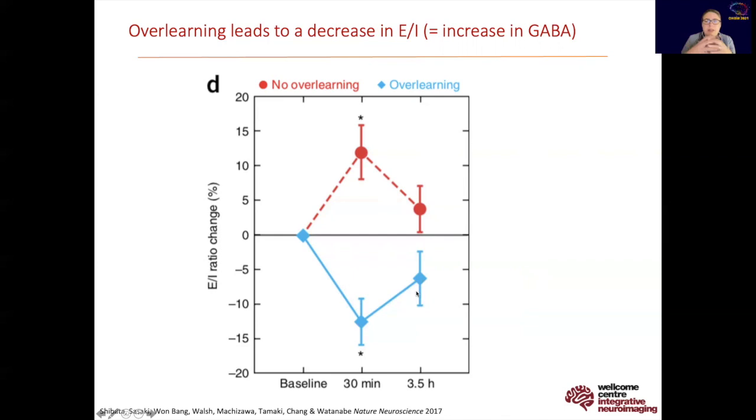So it might be that not only can we use spectroscopy to look at the mechanisms as we learn and see this decrease both in motor learning and perceptual learning, but as we go on and look at overlearning and the beginnings of synapse stabilization and consolidation of these tasks, in a context where we see behavioral evidence of stabilization and a decrease in plasticity for a subsequent task, we also see neurophysiological evidence for synapse stabilization.